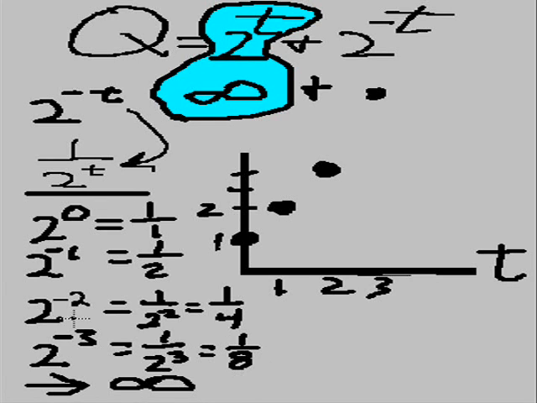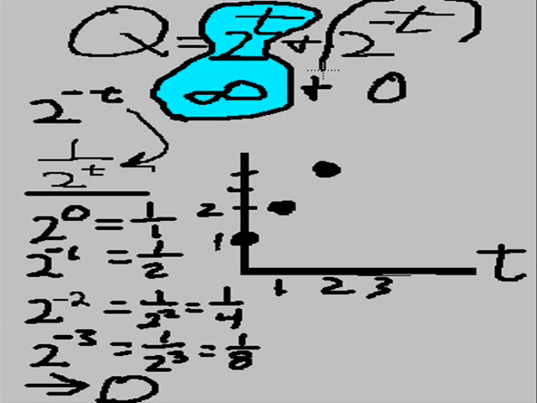You can see that this thing is headed not to infinity, but it's getting smaller and smaller, and it's going to 0. So this thing over here is going to 0.